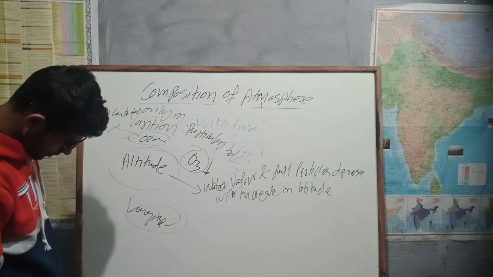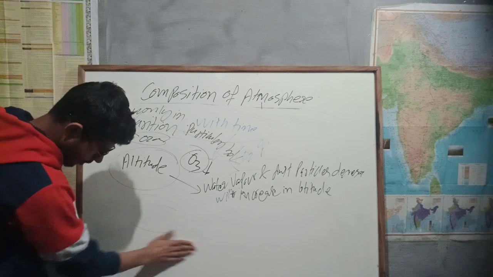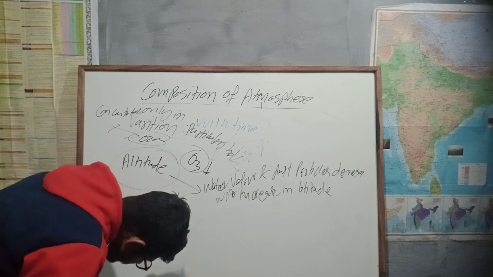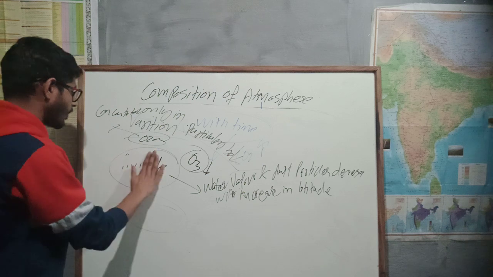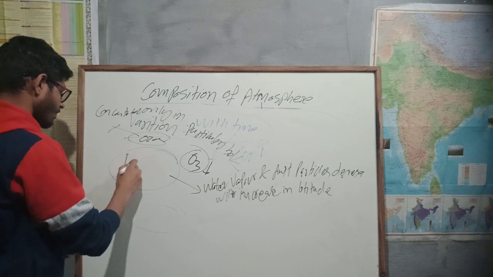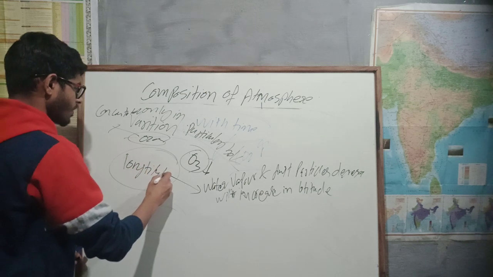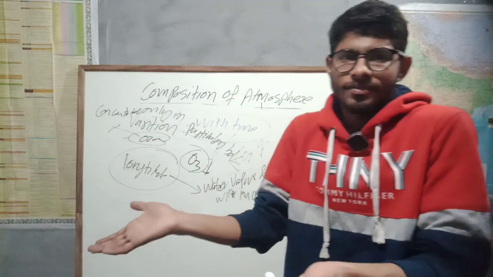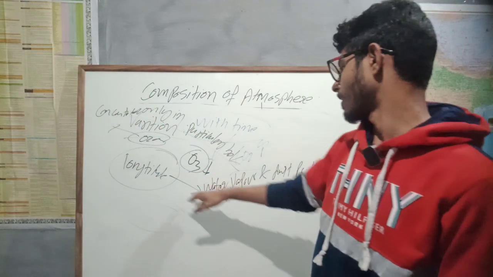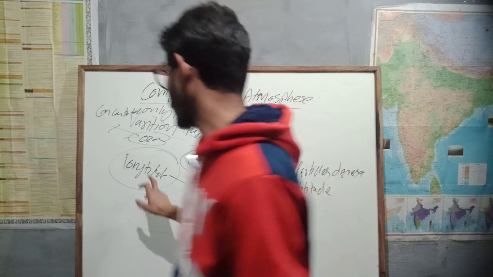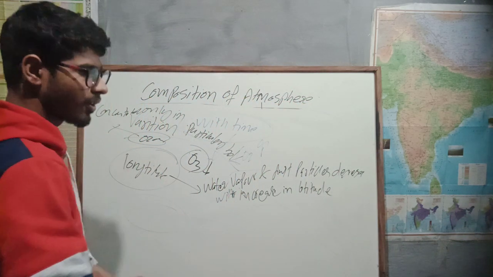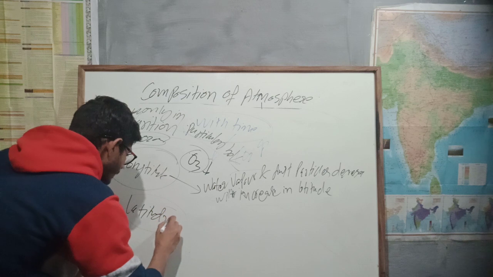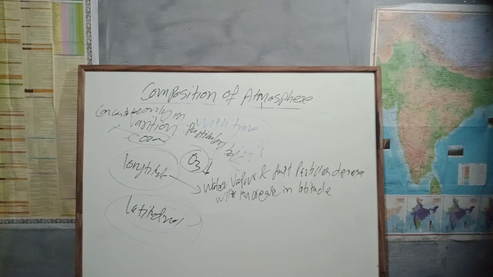There is no variation on longitude, guys. Oh, guys, I made a mistake. When we go up in the atmosphere, the amount of these two decreases. This was altitude, not longitude. Now the latitudinal variation.